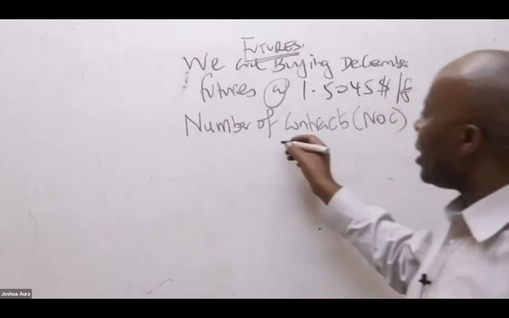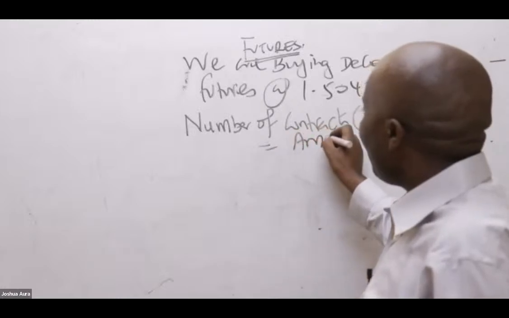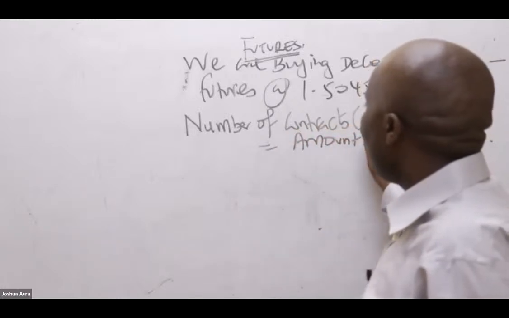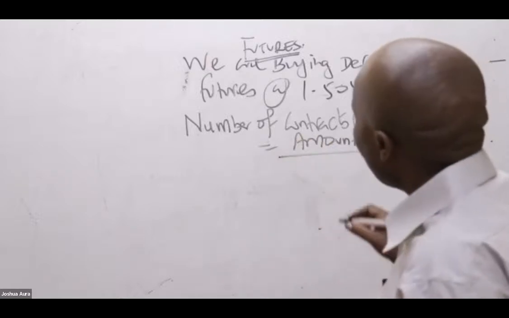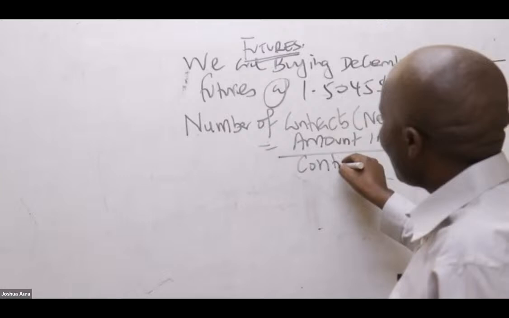And how do we get this number of contracts? We take the amount in question, and then you divide this by the contract size.